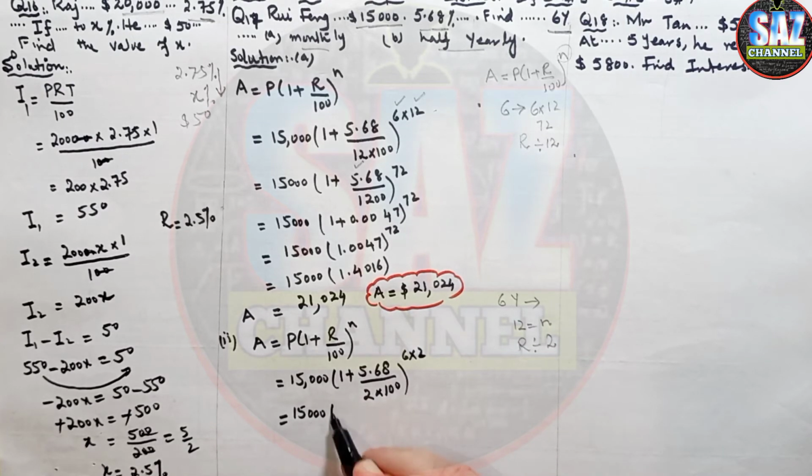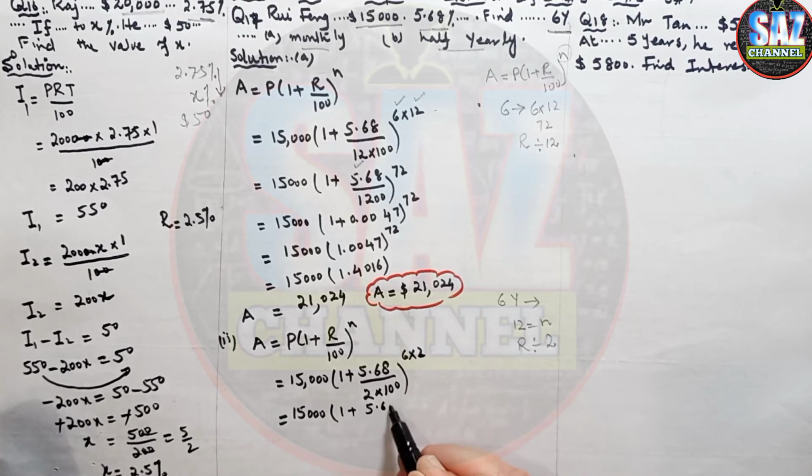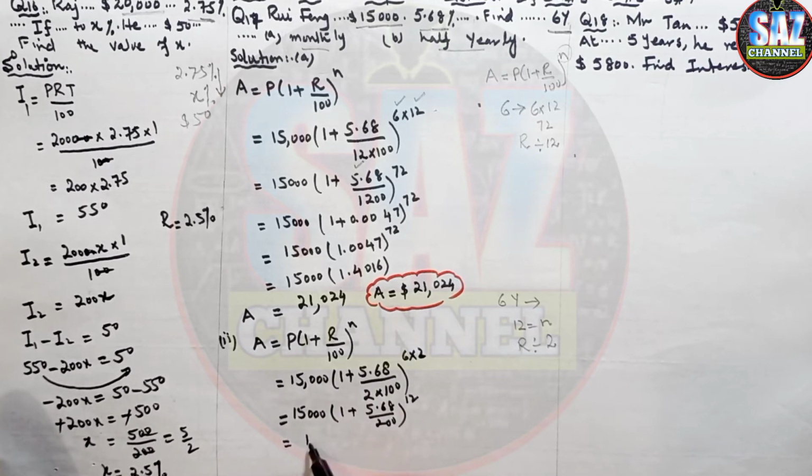It will be 15,000 into 1 plus 5.68 upon 200, raised to power 12. And 5.68 divided by 200 gives me 0.0284, plus 1, and it will become 15,000 into 1.0284 raised to power 12.